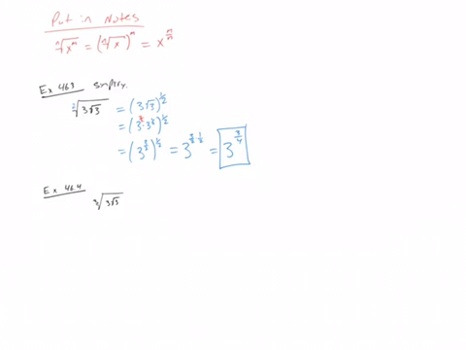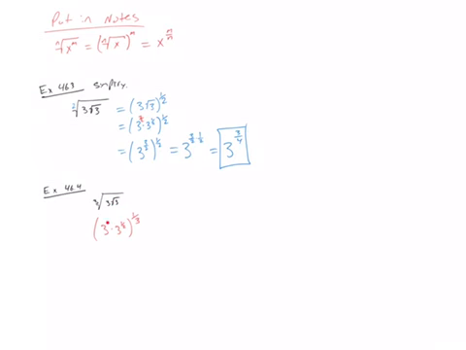Okay, now something similar here. This is going to be 3 times 3 to the 1/2, that's the inside, to the 1/3 power. So this cube root is where we have that 1/3, and this square root is where we have the 1/2.